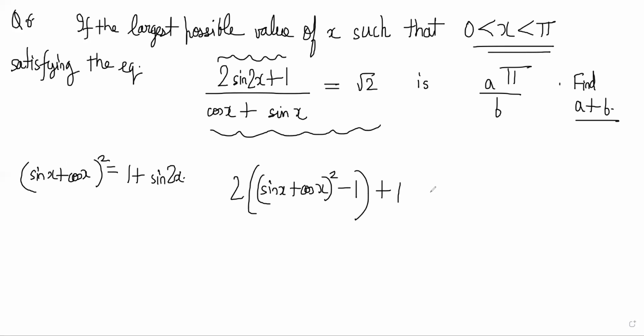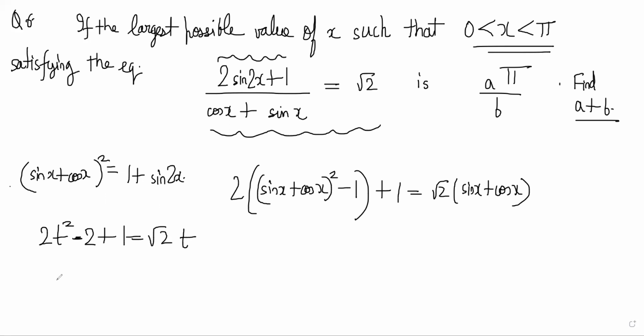And that is equal to root 2 into sin x plus cos x. Take sin x plus cos x as t for now. You'll get the equation 2t square minus 2 plus 1 is equal to root 2 t, right? 2t square minus root 2 t minus 1 is 0, correct?